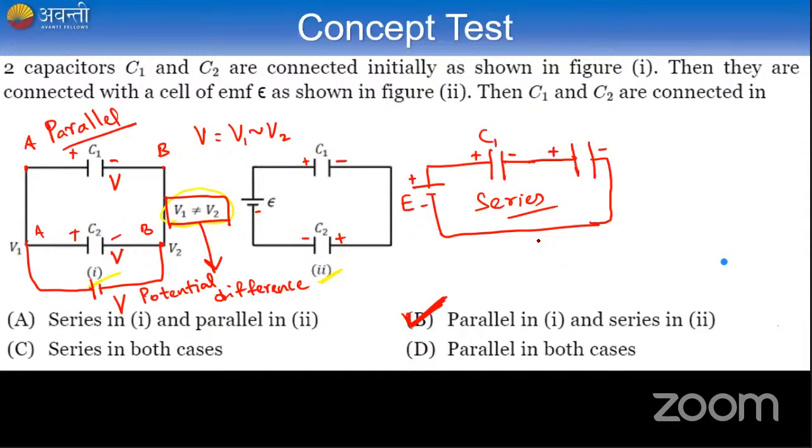Sir, in a capacitor can current pass in both directions only in the case of AC, Bhargav? When an AC current is applied, yes, in that case current can pass through both directions. Yes, a capacitor is bilateral, meaning current can flow in both directions.